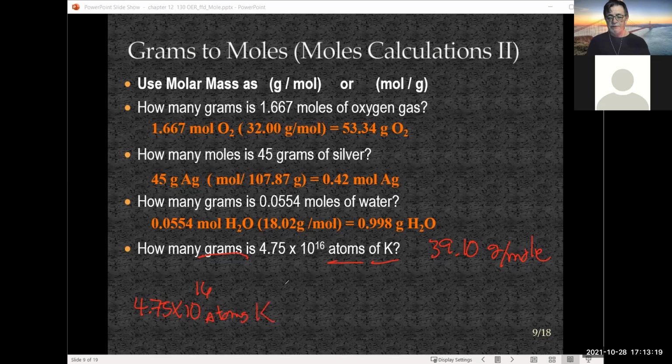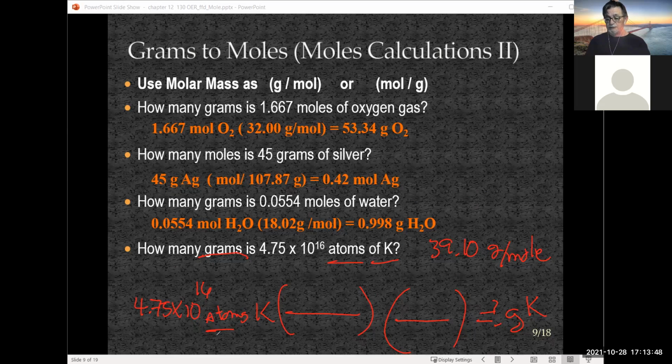of potassium. So obviously we need a conversion factor here. And we eventually have to get all the way to grams of potassium. And guess what? It's going to require 2 conversion factors. The first one is Avogadro's number, because Avogadro's number relates atoms with moles.